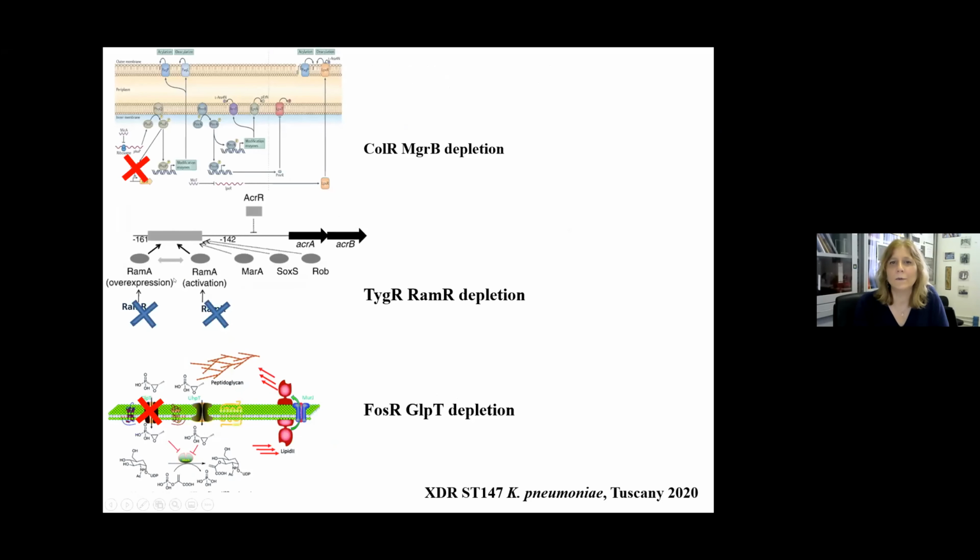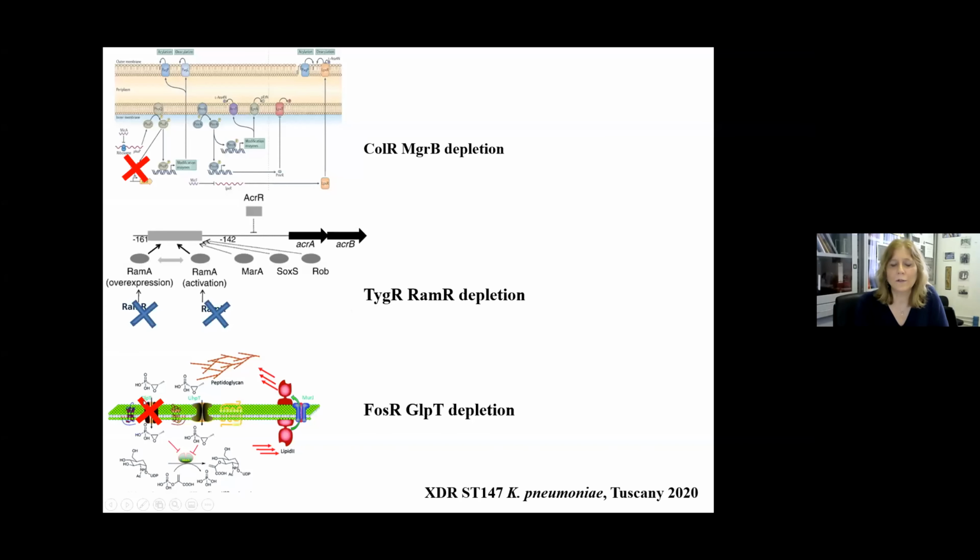In these strains, we found a deletion of MgrB, which is the regulator of the arabinose cluster. This deletion means hyperactivation of decoration and colistin resistance. We found a RamR deletion, which means, as I explained before, overexpression of RamA, and RamA means overexpression of the efflux pump AcrB and Tigecycline resistance.